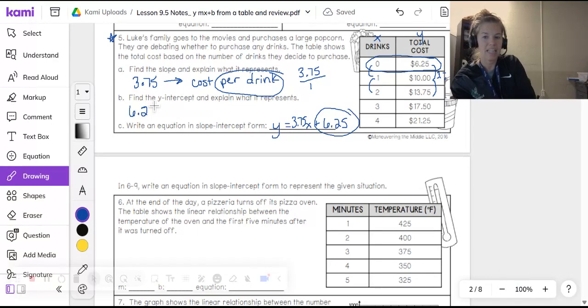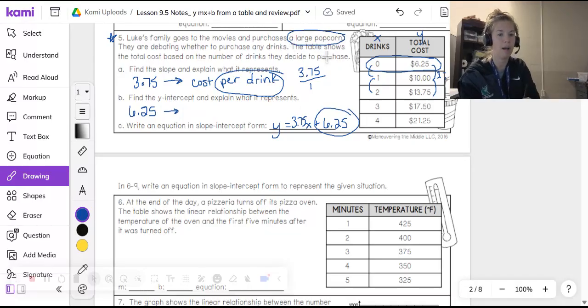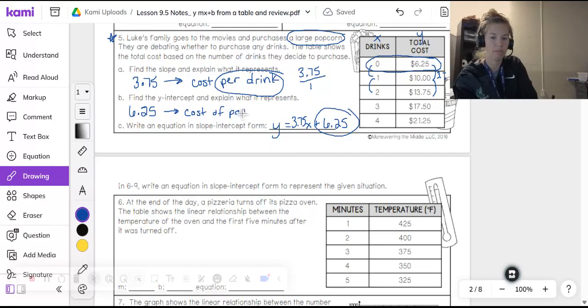Now the y-intercept was $6.25, and that was their cost before they bought any drinks. The only thing they bought before drinks was this large popcorn. So $6.25 is the cost of popcorn for this particular problem.